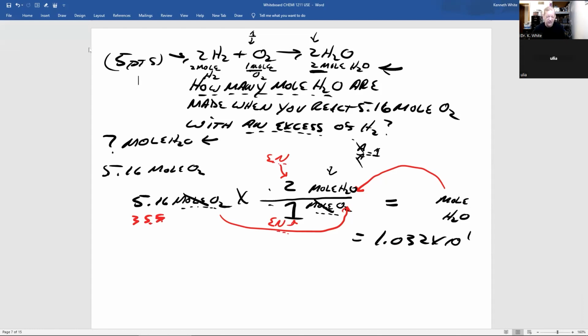What's the lowest number of significant figures? Well, there's only one number we use with significant figures in this calculation, and that's 3. So now we have to round off our answer to 3 significant figures because you get the same number of significant figures in your answer as the number that has the fewest significant figures.